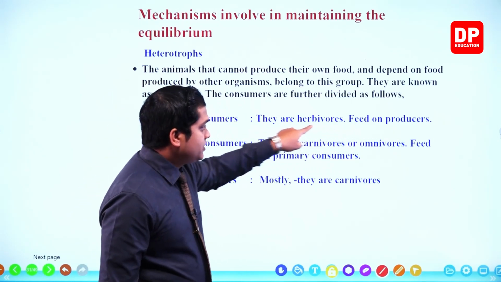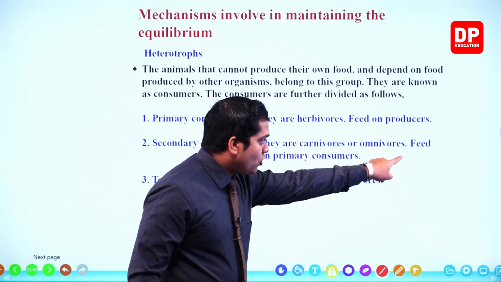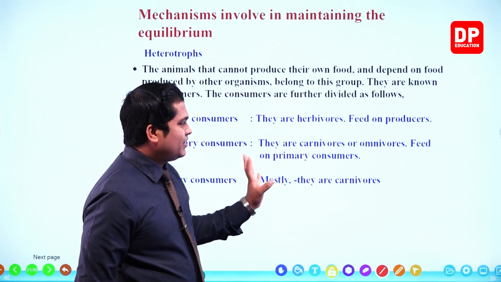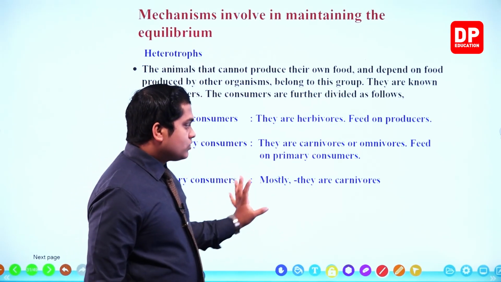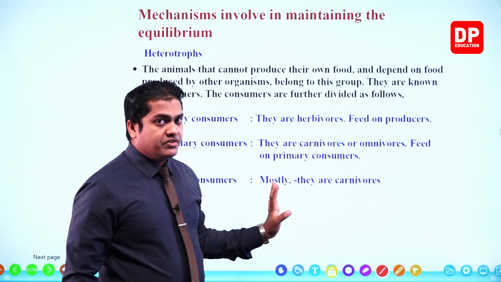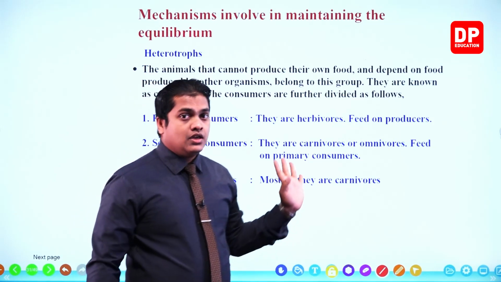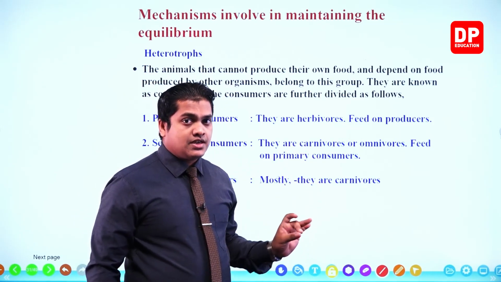Herbivore organisms feed on producers. Then the second type feeds on primary consumers; it can be carnivore or omnivore. Then the third one is mostly carnivorous or can also be omnivorous, right? So according to that, we can observe three types of heterotrophic organisms: carnivorous, herbivorous and omnivorous.